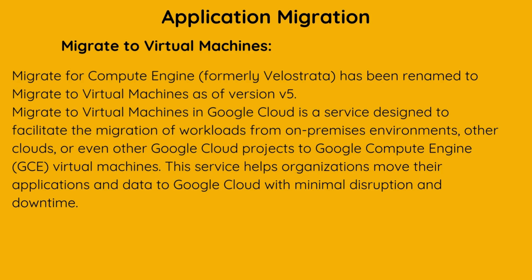Migrate to Virtual Machines in Google Cloud is a service designed to facilitate the migration of workloads from on-premises environments, other clouds, or even other Google Cloud projects to Google Compute Engine, GCE, virtual machines. This service helps organizations move their applications and data to Google Cloud with minimal disruption and downtime.